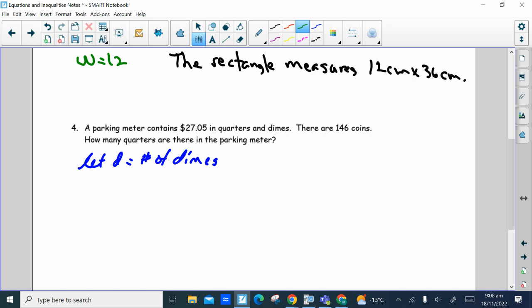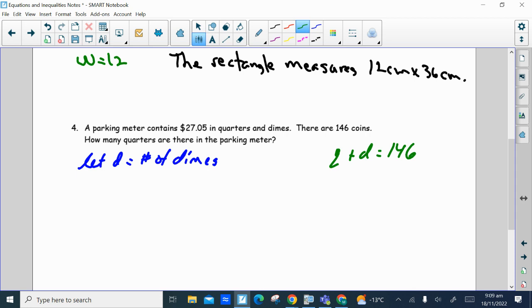So, as I do this, I only want to have D in my equation. But I am going to introduce Q right now to help me write an expression for the number of quarters in terms of D. So on the side here, I'm going to say Q plus D equals 146. Because the number of quarters plus the number of dimes has to equal 146.